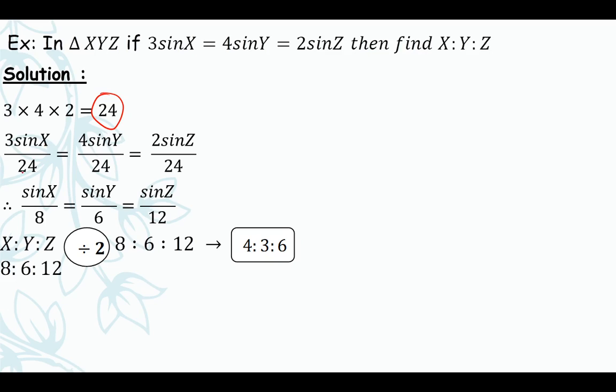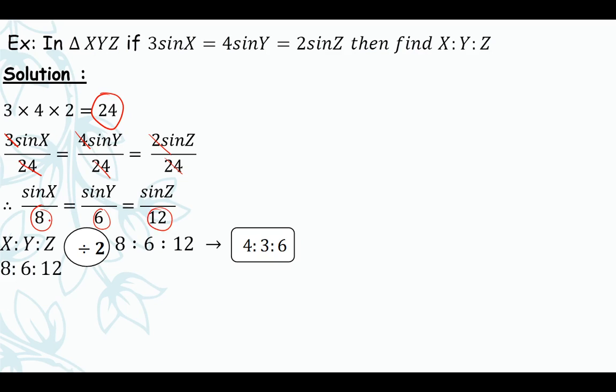Then 3 sine X over 24 equals 4 sine Y over 24 equals 2 sine Z over 24. I'll simplify these values. 24 divided by 3 equals 8, 24 divided by 4 equals 6, and 24 divided by 2 equals 12.